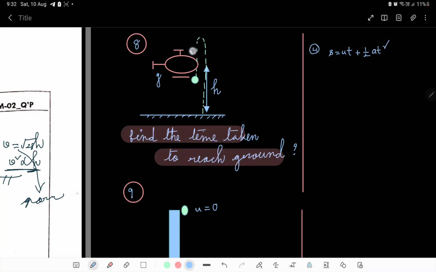When it goes up, the distance x and h, you could say that is x minus h. So x minus h will be equal to ut minus (1/2)gt². Therefore, x minus x gets cancelled, and we have h = ut − (1/2)gt².